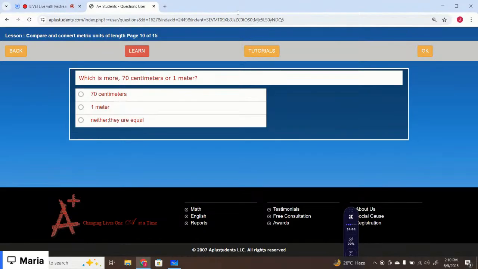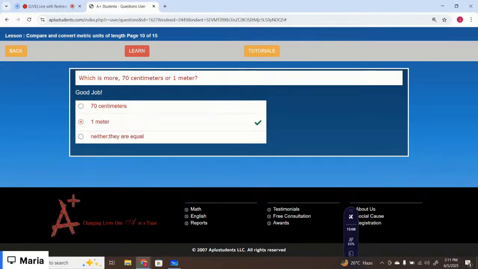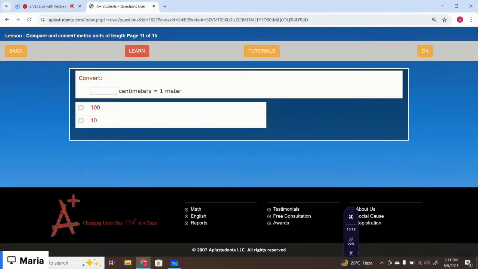Which is more, 70 centimeters or 1 meter? 1 meter is more than 70 centimeters. 1 meter equals 100 centimeters.